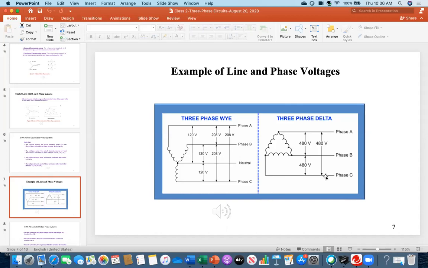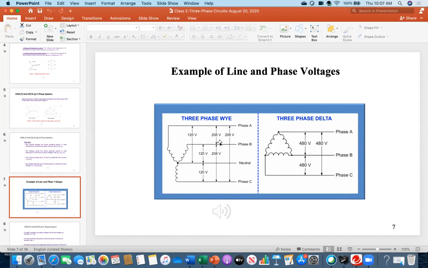But look, in this case, three-phase delta, as I told you, just another example, 480 volt between this point and this point, meaning that this is the phase voltage, but then the same voltage applies between phase A and B, the same. So in case of delta, phase voltage and line to line voltage are the same. Just keep in mind, in case of delta, it is not related by root 3 times because phase voltage and line voltage are the same. The same thing goes for the other phases.